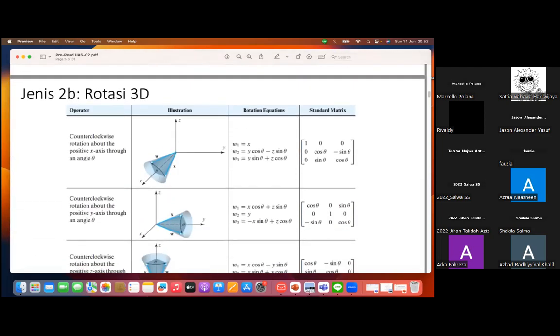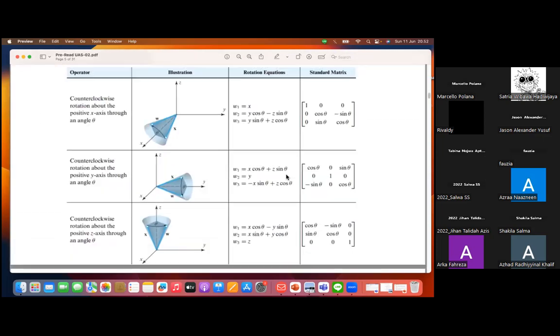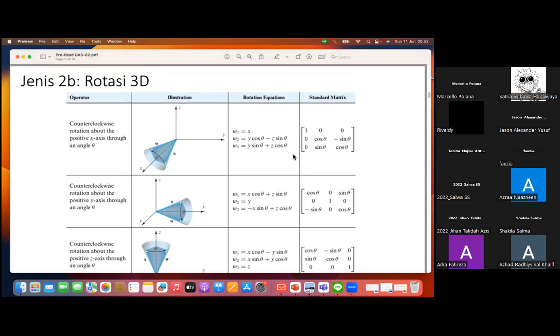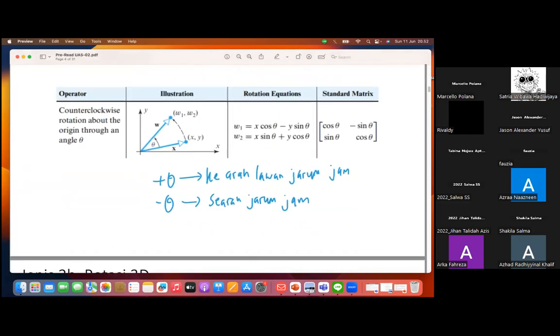Okay, same principle applies for 3D. How do you memorize this? The negative is on the top right, and it's always sin. And the pattern is always like this. It doesn't change. It's always cos, cos, cross to the diagonal is cos. The other direction is sin. Doesn't change.